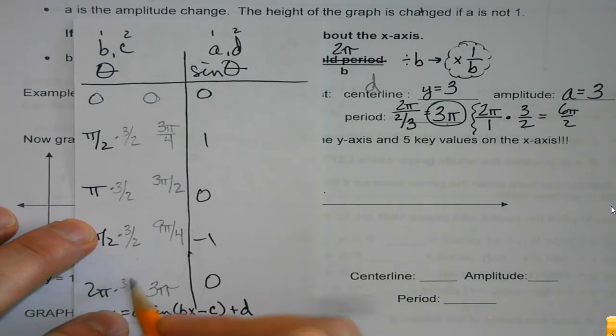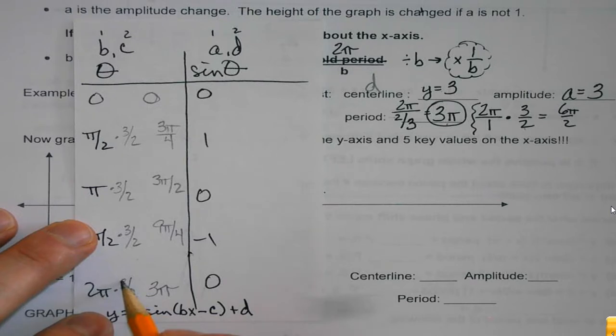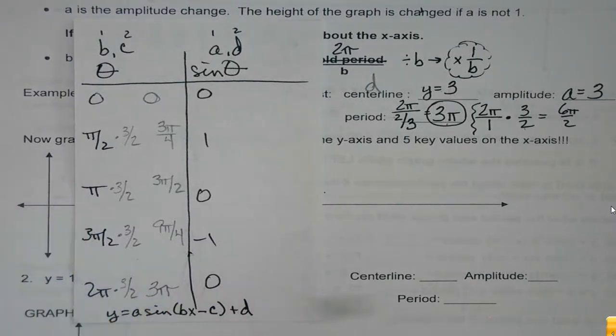And if I wrote this last one in, 2 pi times 3 over 2 is 6 pi over 2, which is 3 pi. Those 0, 3 pi over 4, 3 pi over 2, 9 pi over 4, 3 pi are going to be my angle measures that I'm using. They're going to be the lines that I draw in my graph to be able to complete this graph within the period that I was asked to do.